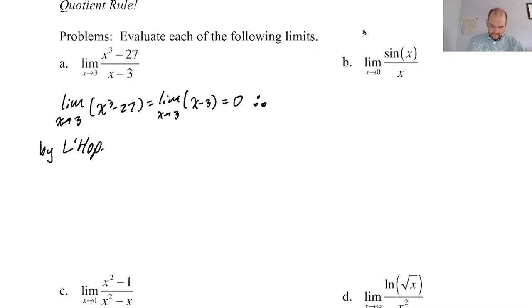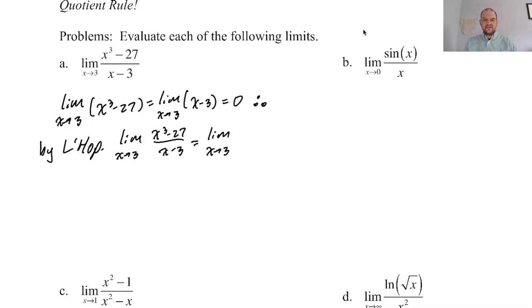By L'Hopital's rule, the limit as x approaches 3 of x cubed minus 27 over x minus 3 is equal to the limit as x approaches 3. Okay, so now I'm going to use L'Hopital's rule. All of that was set up. You should do that. You want to get as many points as possible on free response questions, so that's why we're doing it.